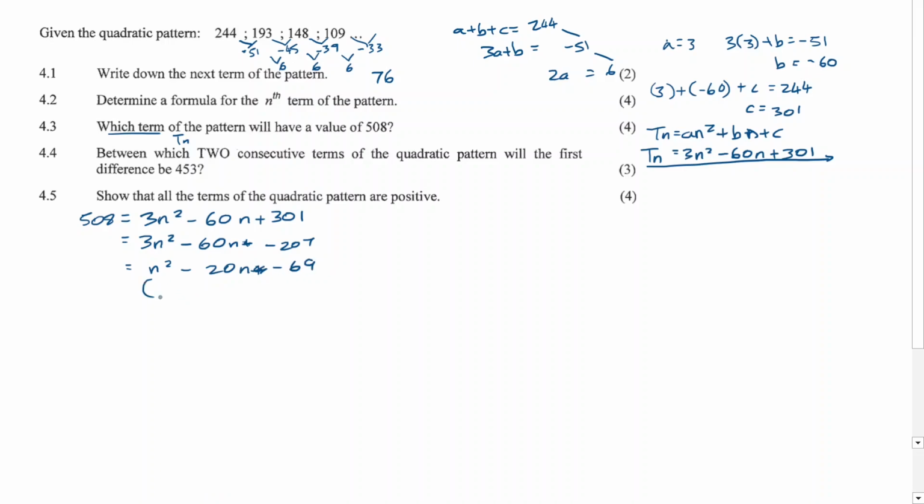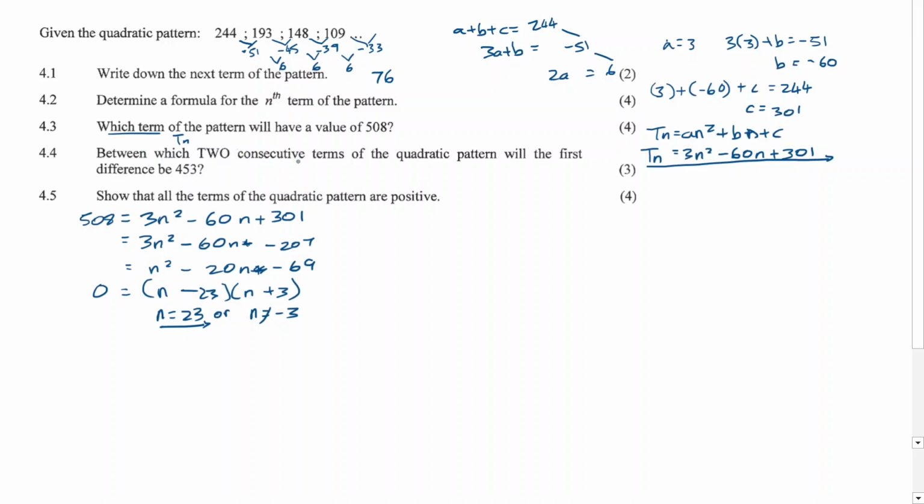And that you can then factorize will be n minus 23 or n plus 3. That means the answer is n is negative 3 or n is 23. But you can't get a negative number of terms, so it must be 23. So which term is 508? It's the 23rd term.